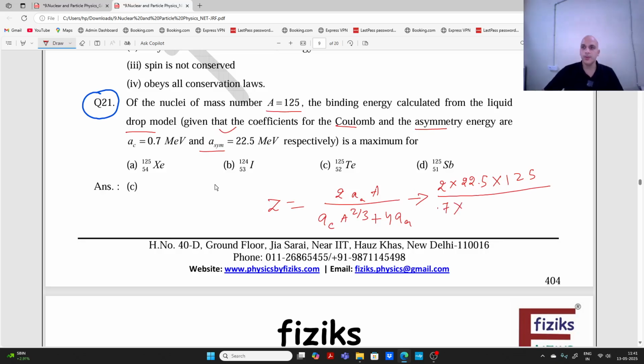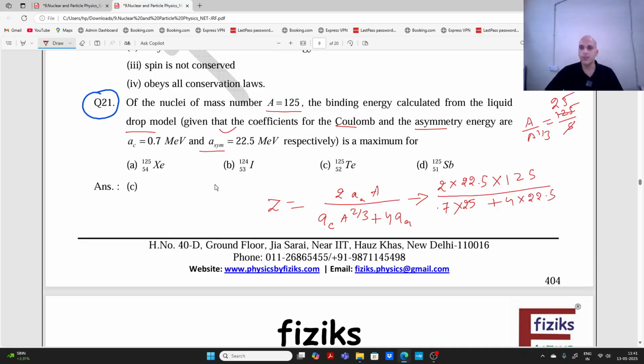A power 2 by 3, I can write as A upon A power 1 by 3, that is 125, and 125 power 1 by 3 is 5, so 125 by 5 gives me 25, right? Plus 4 into symmetry energy 22.5.